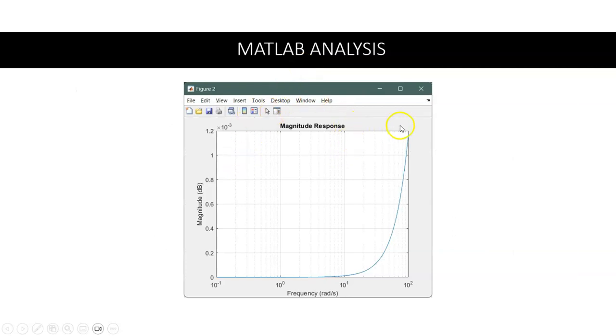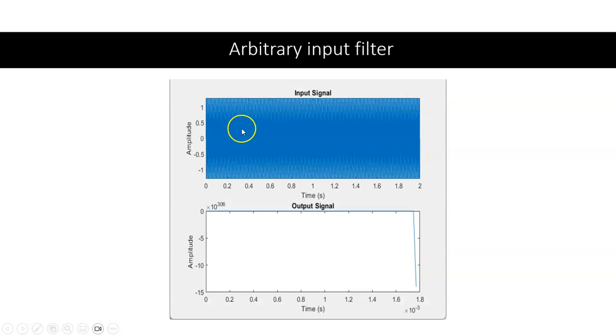Next we have the magnitude response, and we also incorporated an arbitrary input where we ran an input through the system, and we wanted to see the output after running the signal through the system.